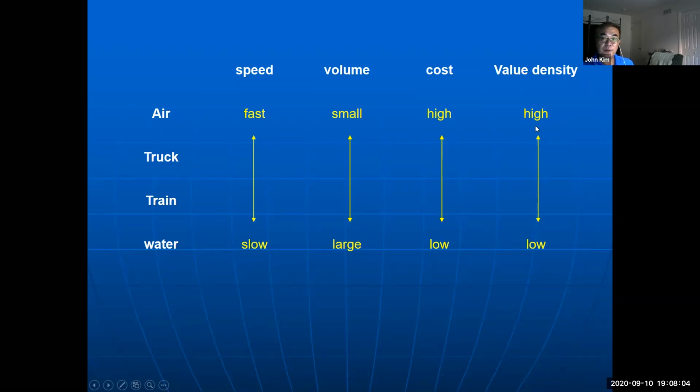If they focus on fast, then even if it is expensive, they should choose this side transportation method, and so on like that. And then also depending on the material. If material is perishable, then speed is important, and so on like that.